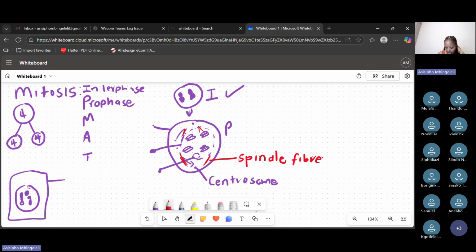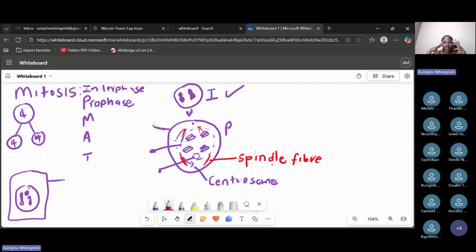Now, let's understand this concept. What is happening here? These centrioles move to opposite poles. As they move to opposite poles, they form these spindle fibers between them. So that means the top centriole and the bottom centriole are holding the spindle fibers together because they are forming as they move to opposite poles.